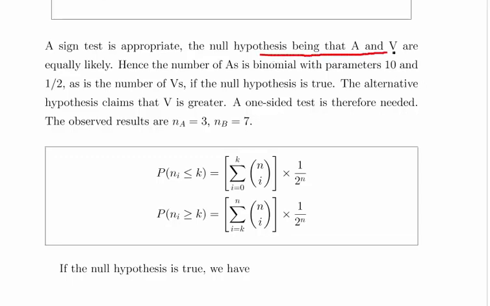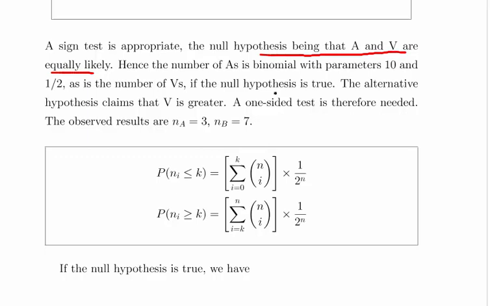That is, for the general population we should get roughly the same number of children who are A as V. Hence the number of A's is binomial with parameters 10 and 1/2, as is the number of V's if the null hypothesis is true.